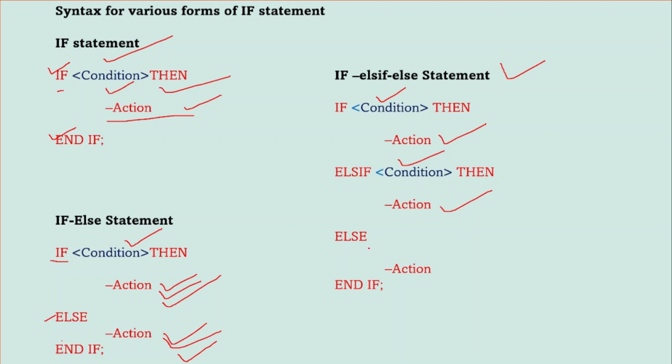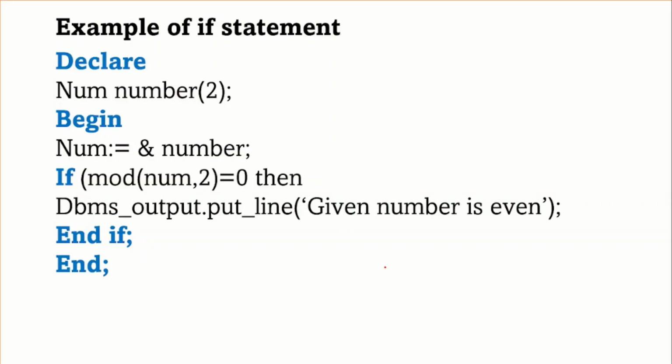And finally, this is the default one. If all conditions fail, then the last else condition will be there. Clear? So this is the syntax of if else if statement. Now we'll see the example of every type of if statement.